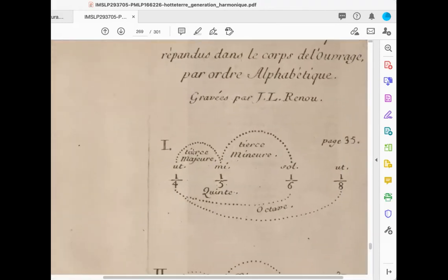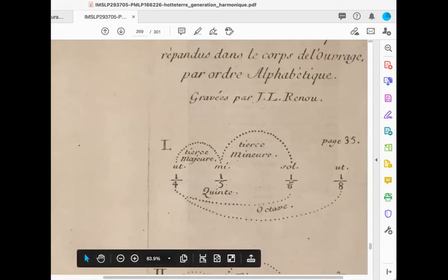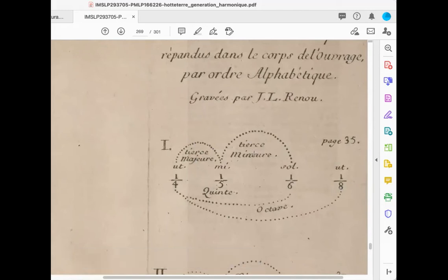We get the major third, the minor third, the fifth. He doesn't notate it here, but the fourth. We get the minor sixth. All of those consonances. Oh, and then between the G and the octave of the E, we get the major sixth. So we've got all of the consonances, fifth, fourth, both thirds, and both sixths, arising from the perfect chord.